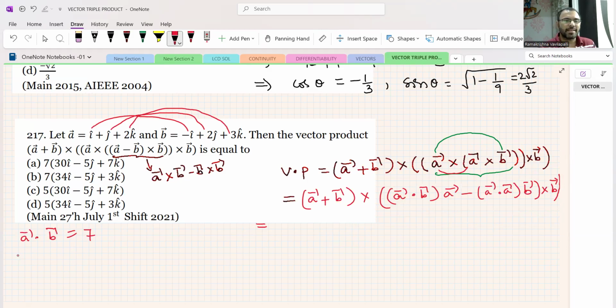And what is the magnitude of A bar? Magnitude of A bar is equal to root 6. So I'll apply that. A bar plus B bar cross, right? A bar dot B bar is 7. So it is 7 A bar, and minus 6 B bar.